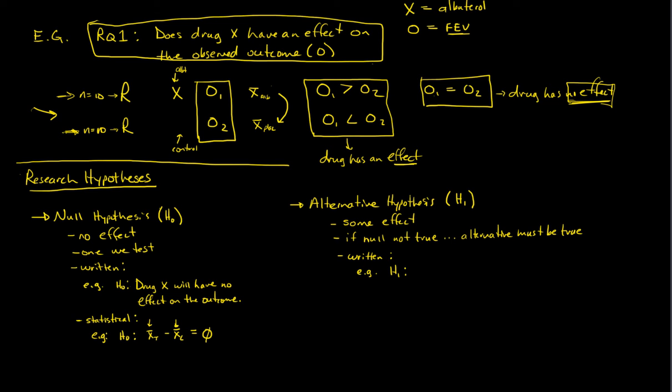I'll write these two different ways and then maybe just ask you what you think the difference is here. So you could say something like drug X will have an effect. You could also say something like drug X will, what's the best way to write this for you?